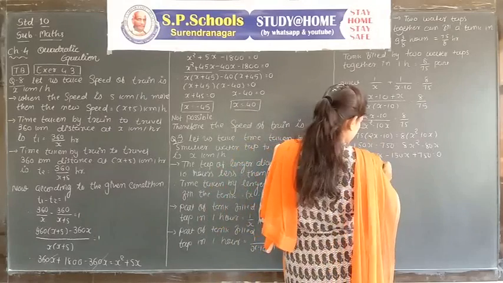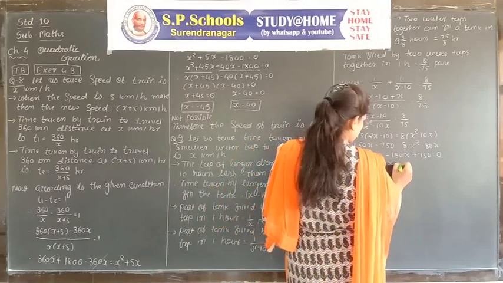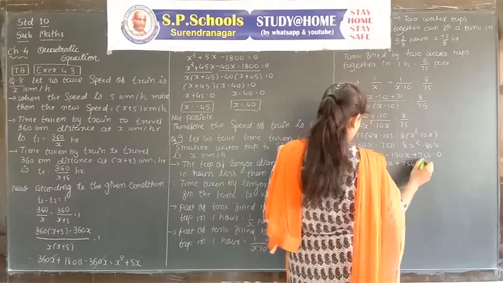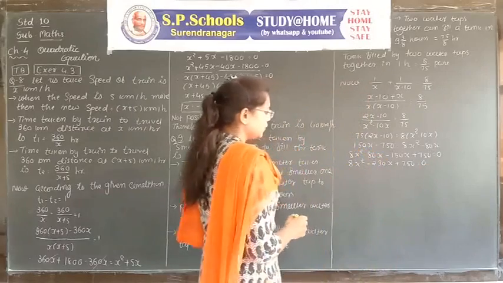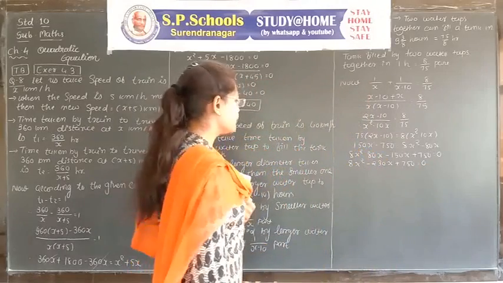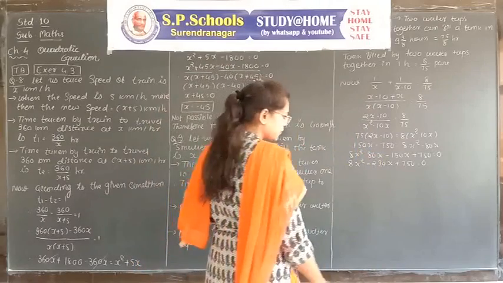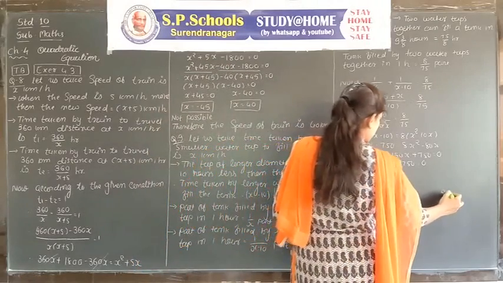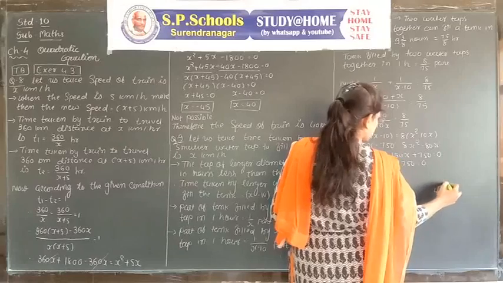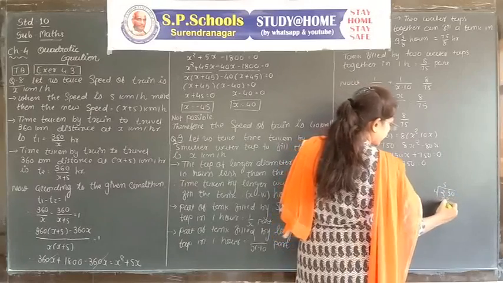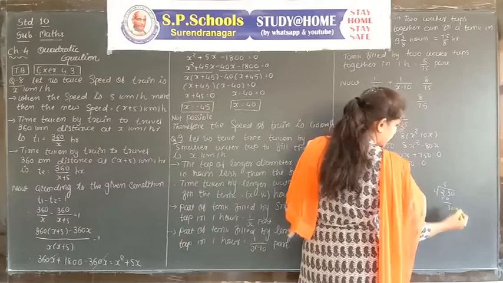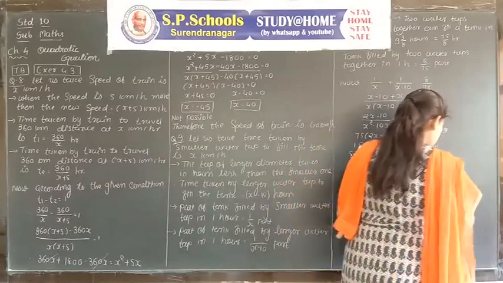By adding we get 230x plus 750 is equal to 0. See, first of all, a common factor is possible. 230 divided by 4, is it possible? 30 and 0 by 4 division is not possible.